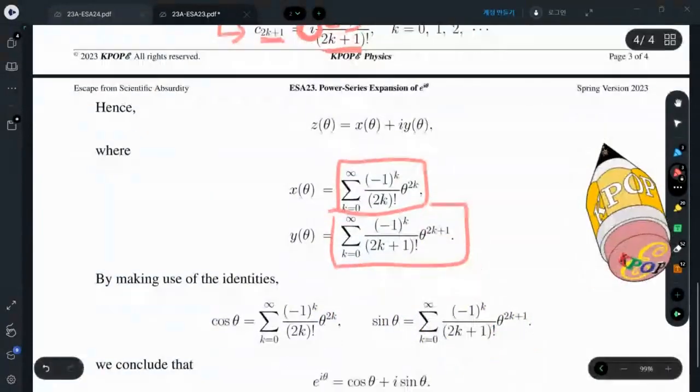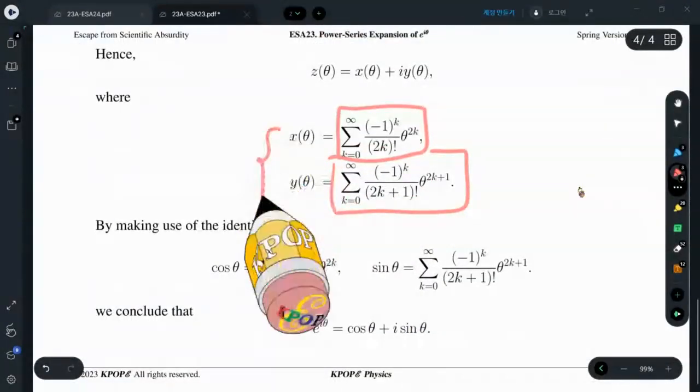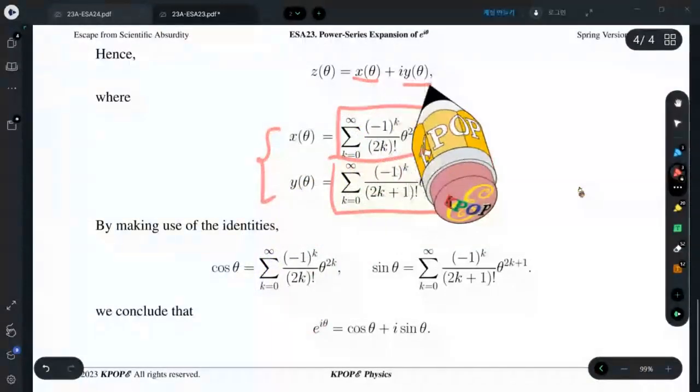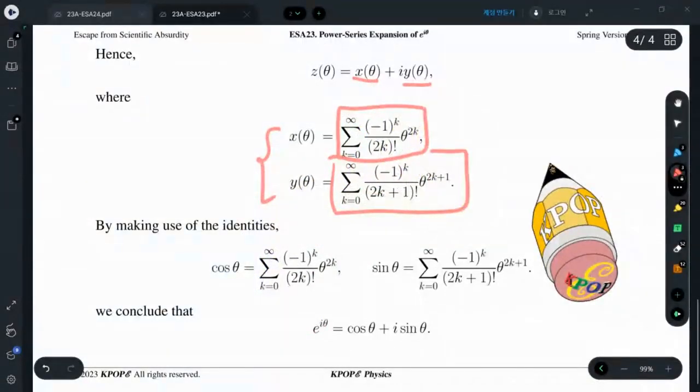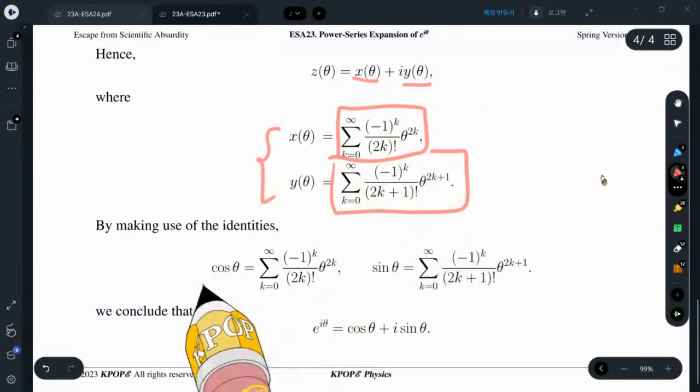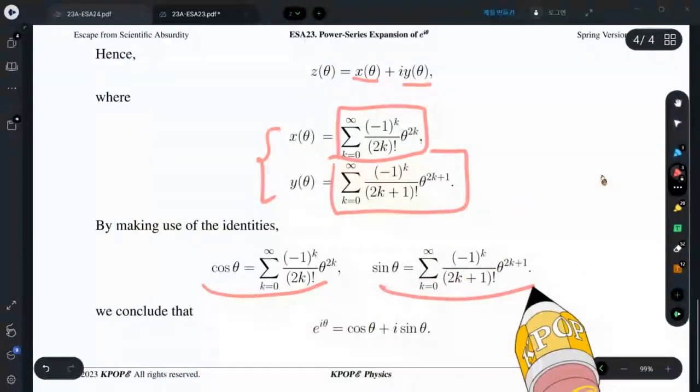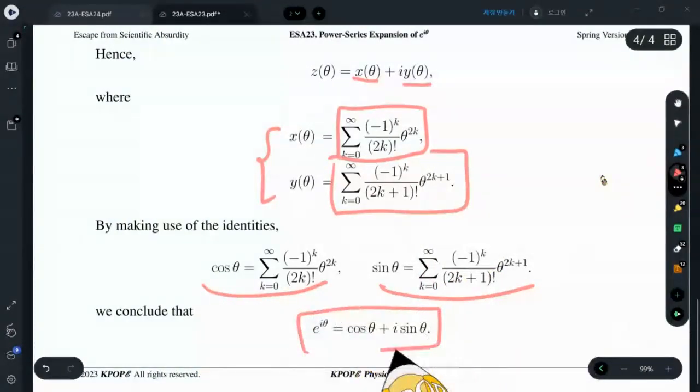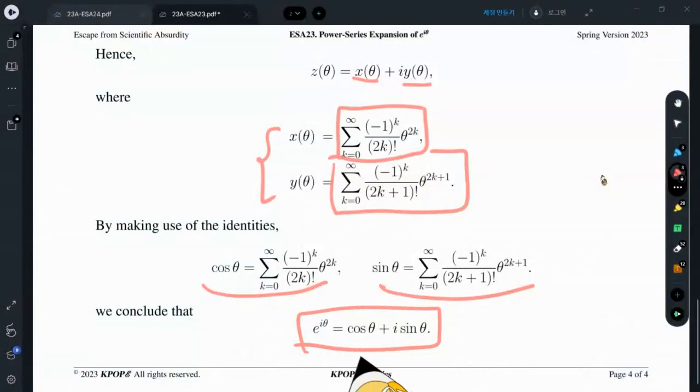And we find that these real part and imaginary part are completely determined by cosine and sine. So we have finished our proof for Euler's formula using the Frobenius method.